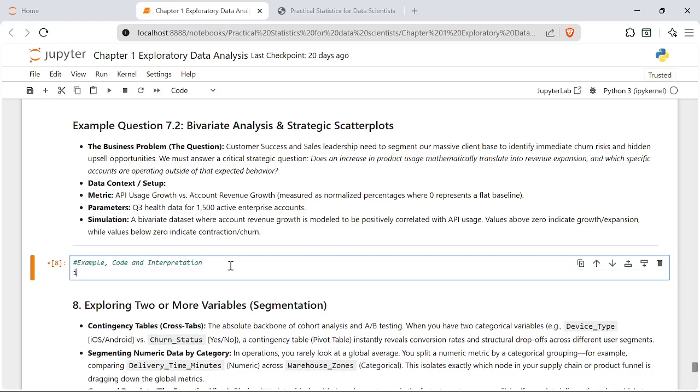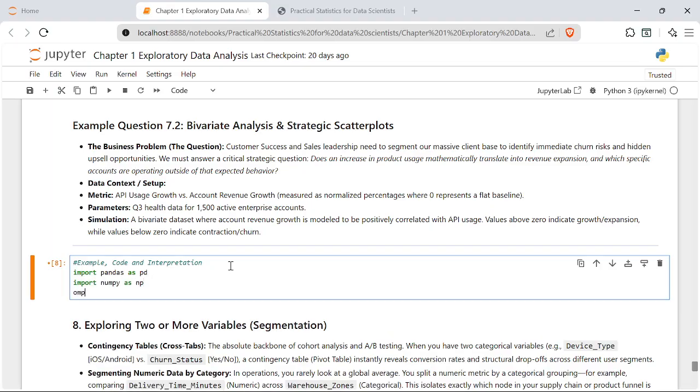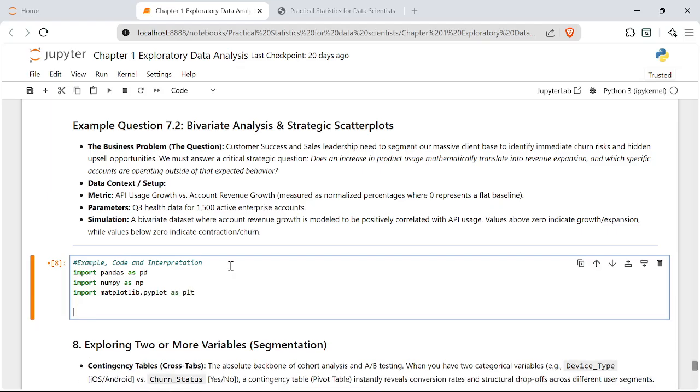So let's start. Import pandas as pd, import numpy as np, import matplotlib.pyplot as plt.